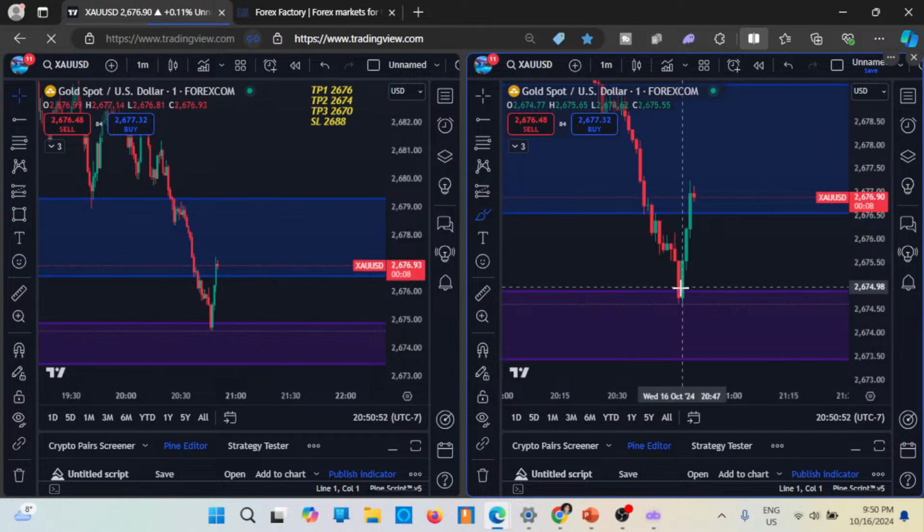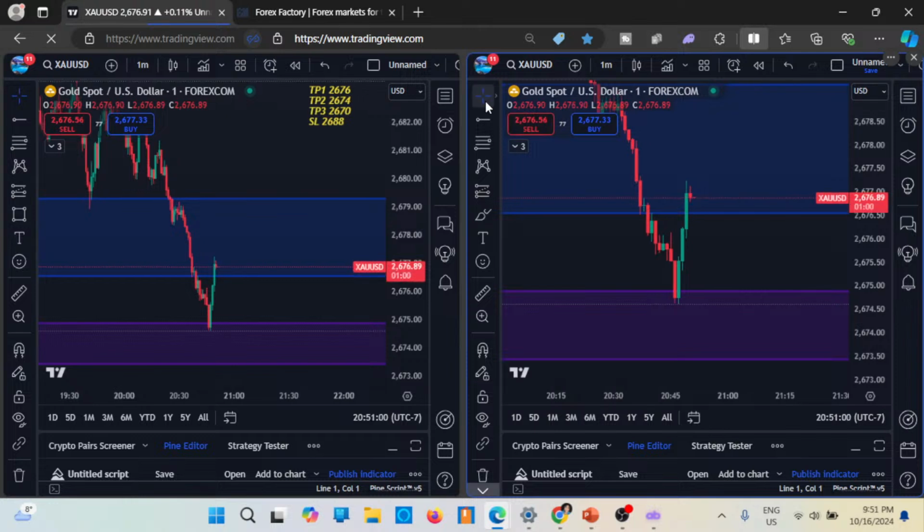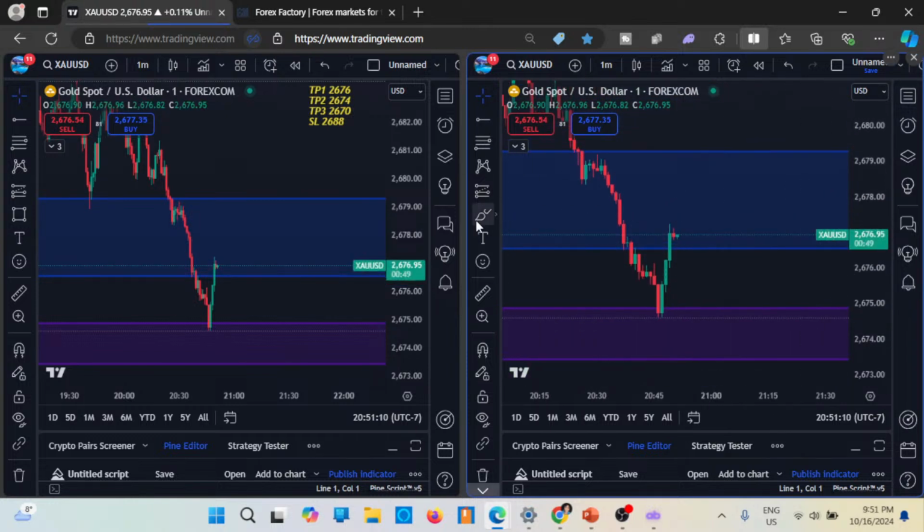So that tells me price is holding the support. It's most likely going to go back up. That's what I use for confirmation to go ahead and buy.